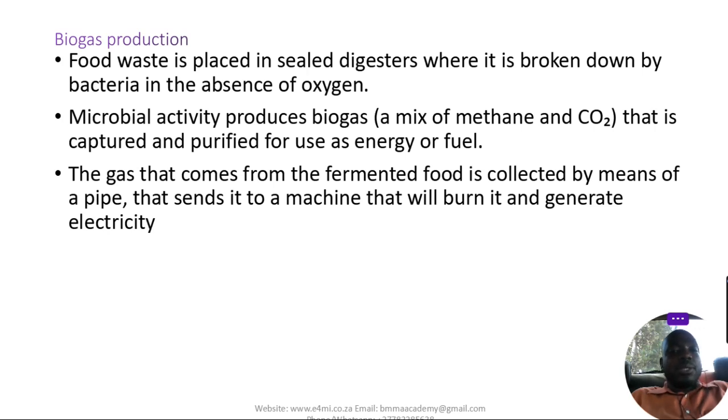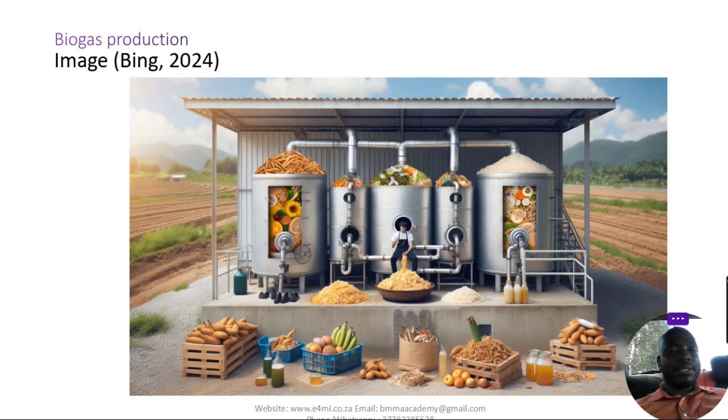Microbial activity then produces biogas, which is a mix of methane and carbon dioxide that is captured and purified for use as energy or fuel. The gas that comes from the fermented food is collected by means of a pipe that sends it to a machine that will burn it and generate electricity.